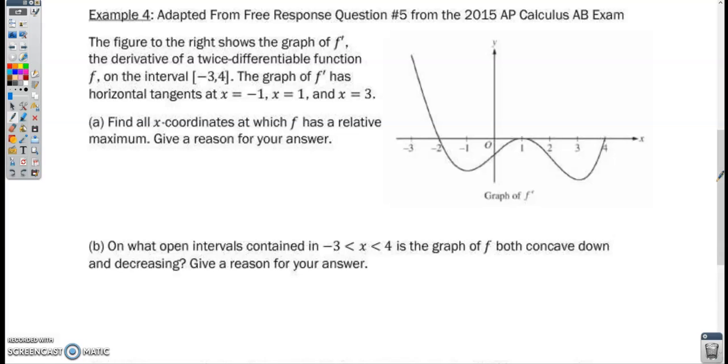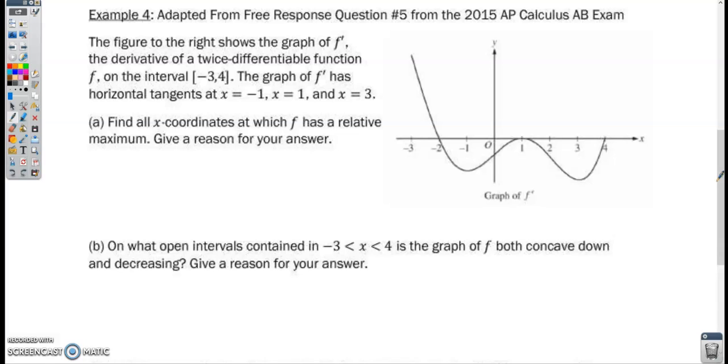So we're going to answer a few extra questions here that tie into things that we've already talked about in previous lessons. So we've got the graph of f prime here. Let's start with our first question. Find all x-coordinates at which f has a relative maximum. Give a reason for your answer.